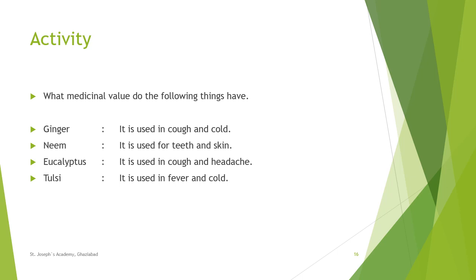Tulsi is used in fever and cold. Then clove. When is the clove used or what medicinal value does it have? It is used in toothache and helps in digestion. So all these are having the medicinal value and they are used by us in our day-to-day life.